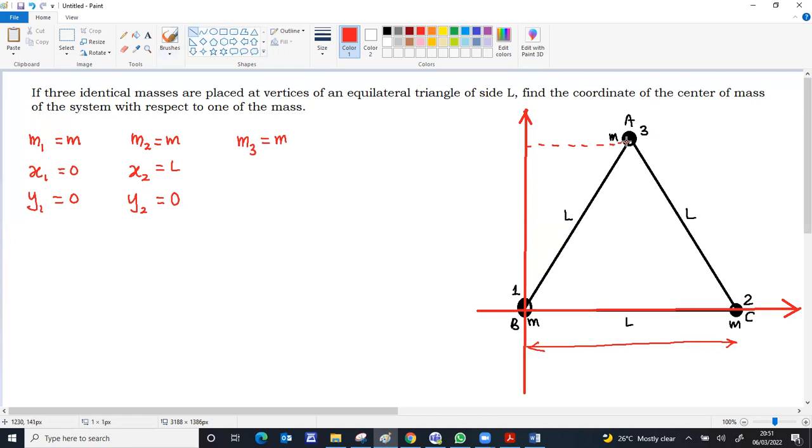So if you draw a line from here straight down, this distance is exactly half of L, L by 2. That is half of the length.